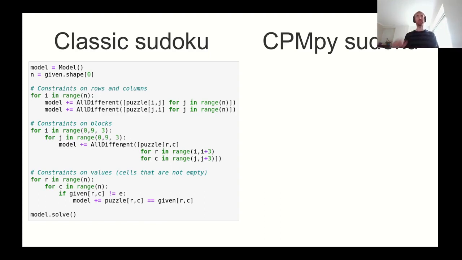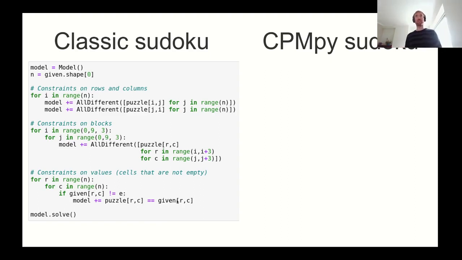You post an all different constraint on each of these groups of variables, and that's the basic constraints. Now you still need to restrict the puzzle values itself, so for each of the rows and the columns, if in the given puzzle it's not equal to e, so if it has an actual value, then you restrict the decision variable on that index to be equal to the given integer.